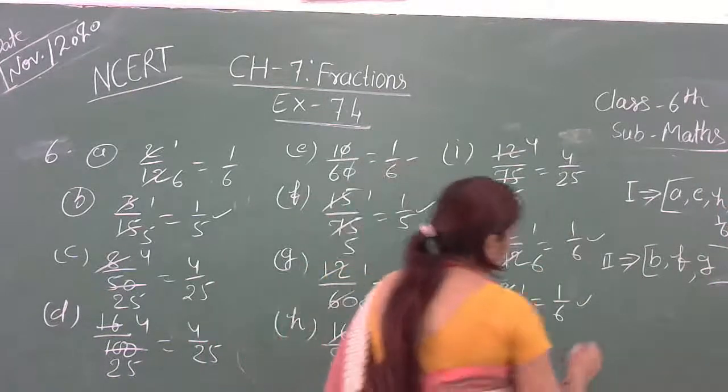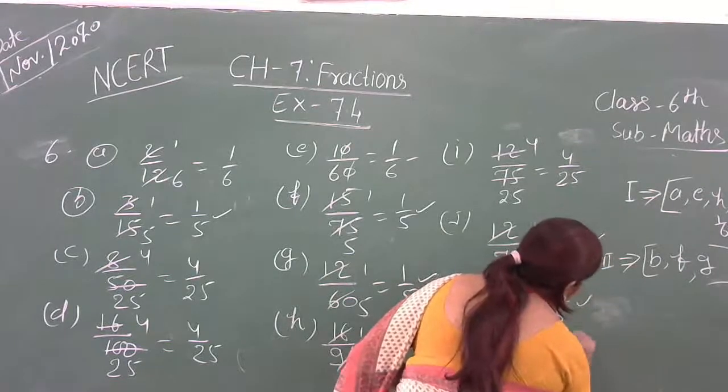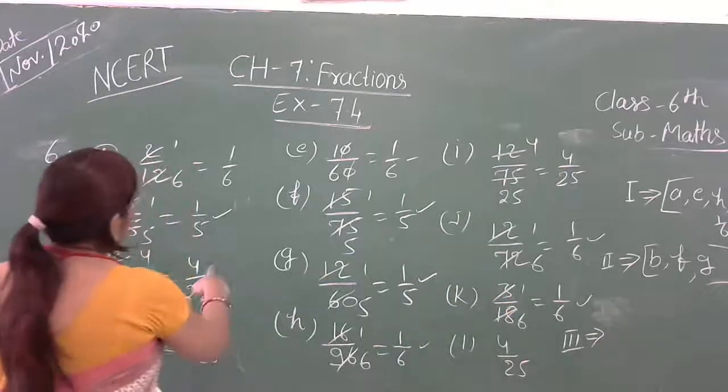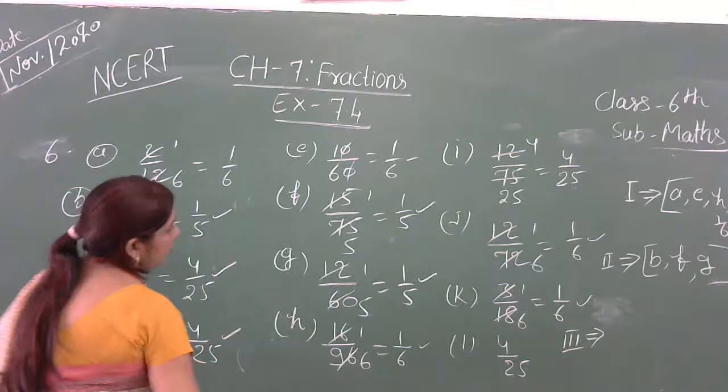Now the third equivalent fraction: start from 4 upon 25. 1, 2.